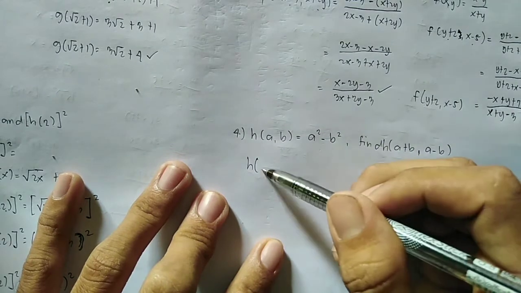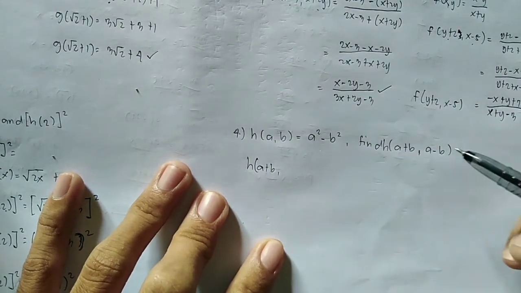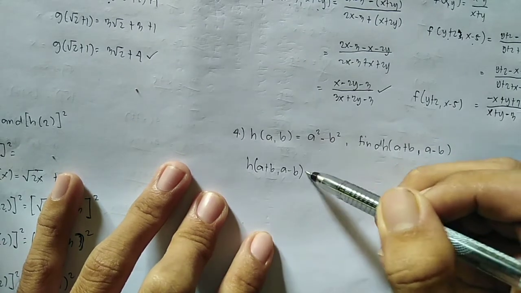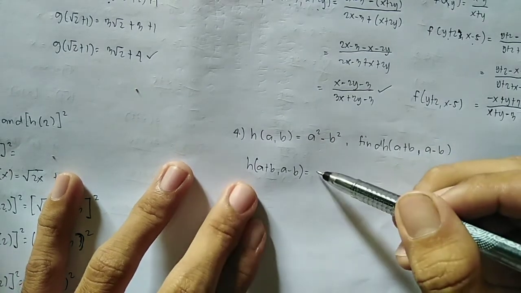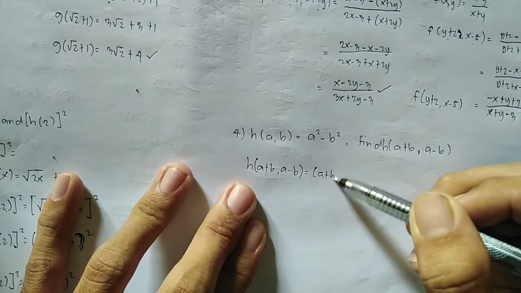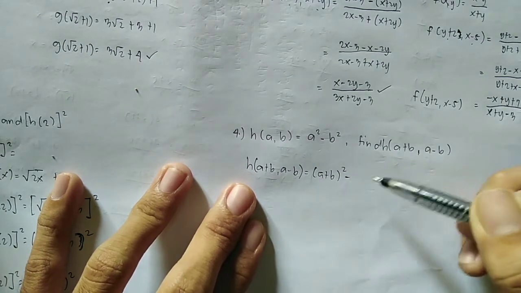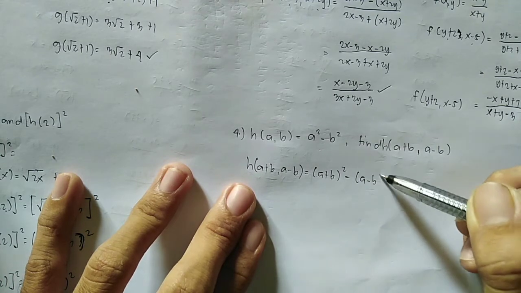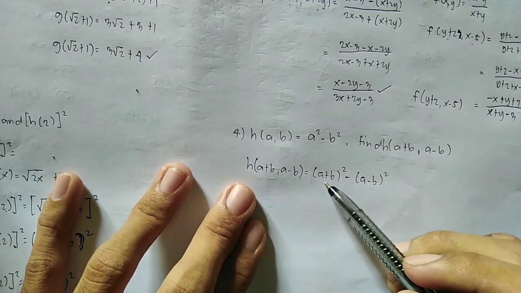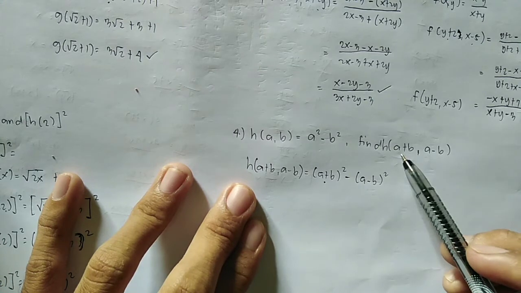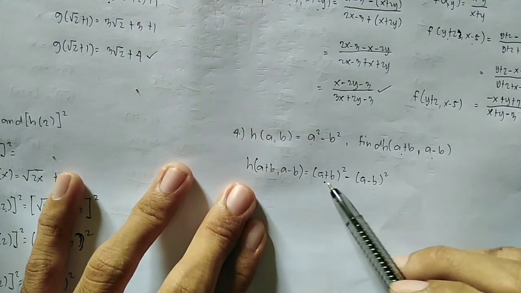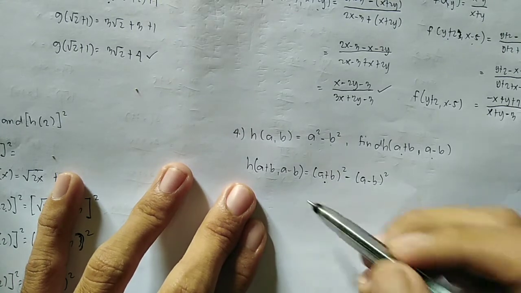Our a is a plus b, and our b now is a minus b. So we substitute (a plus b) squared minus (a minus b) squared. This is the value of our a, and this is the value of our b. That is why we replace a with a plus b and b with a minus b.